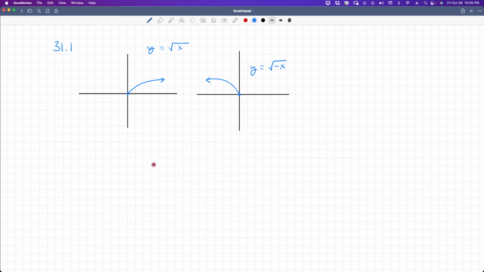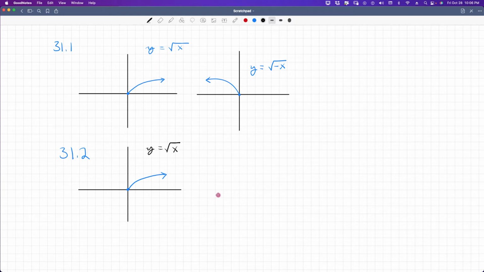Let's try another one. So now we have 31.2. And again, I'm going to have a square root. And this one is going to be y is equal to the square root of x. Same one we started with last time. This one right here. And he starts here and he kind of arcs this way. So now I have another reflection.